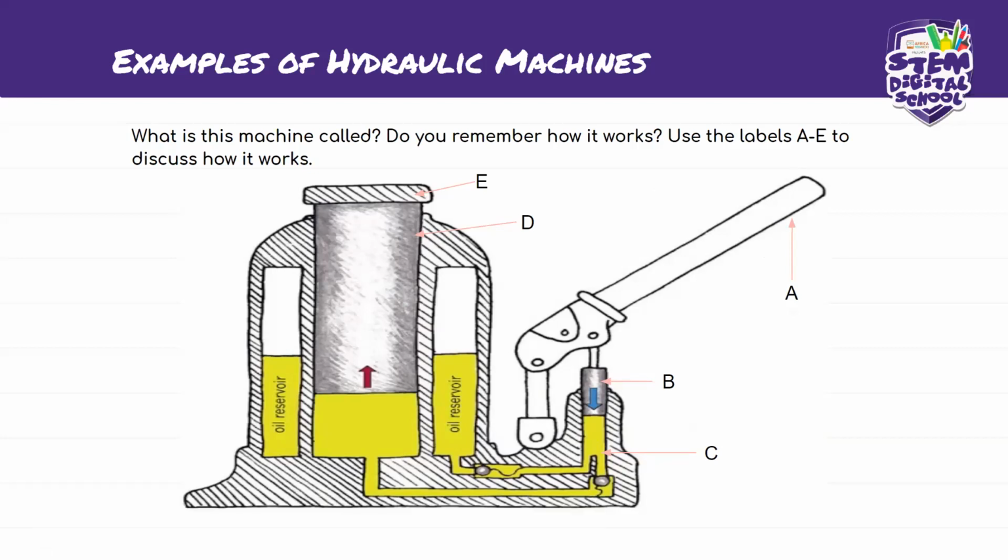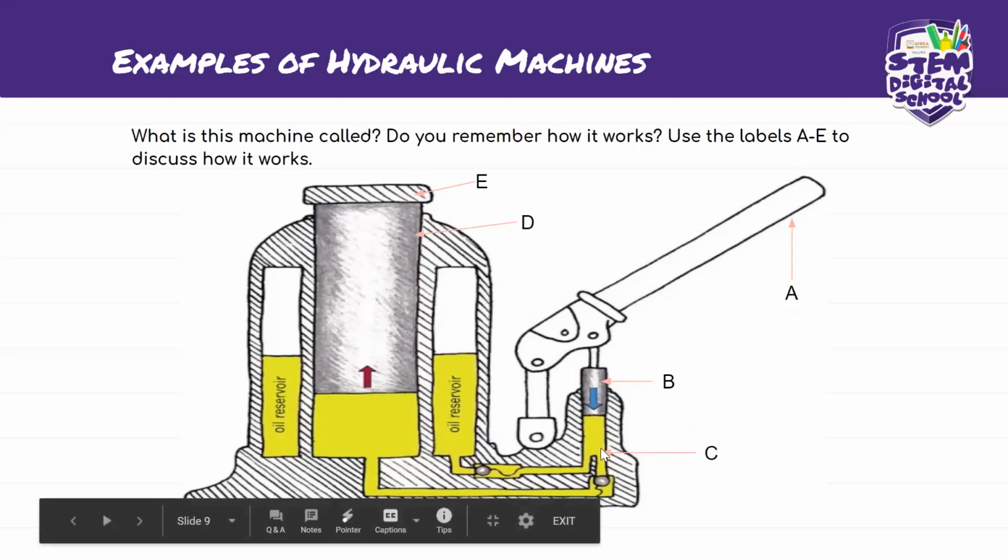Okay, when the pumping is being done, it opens the valves. The valves will allow the flow of the oil from the oil reservoir, and then it goes out to the output cylinder.